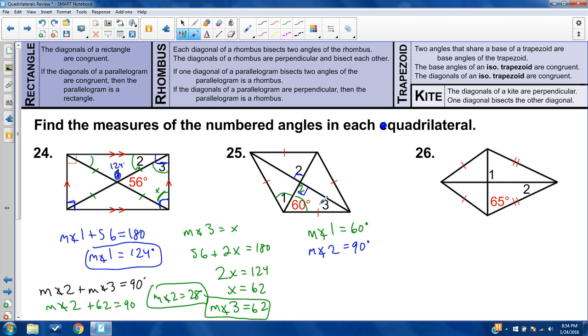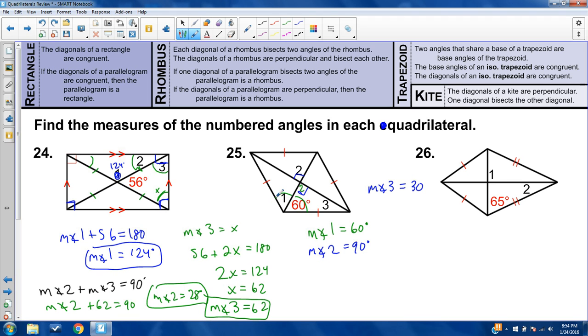I was going to tell you another way to find the measure of angle 3, which I can still do. If I have here a right triangle, the measure of angle 3 has to be 30 degrees, because in a right triangle the non-right angles are complementary. 60 plus 30 gives you 90 degrees. Here's the other way to do it.